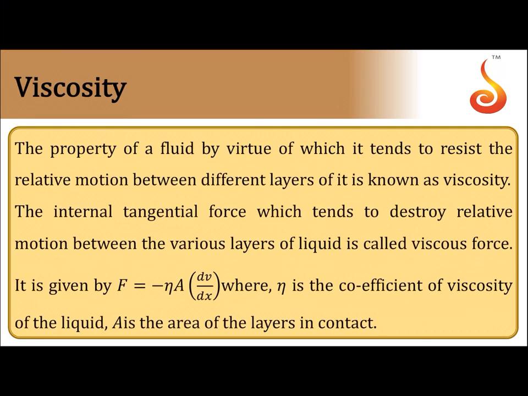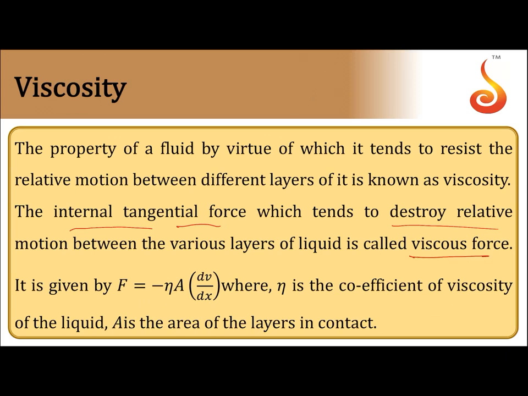So the next concept is viscosity. Viscosity is fluid friction. It is a property by virtue of which one layer of liquid opposes the motion of another layer on it, so it is an internal friction. This internal tangential force tends to destroy or delay the relative motion between the various layers.